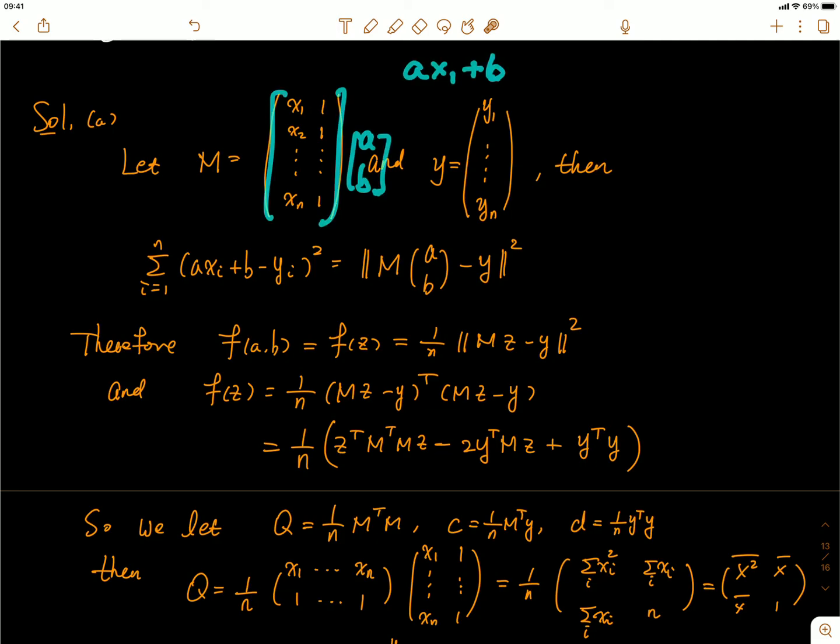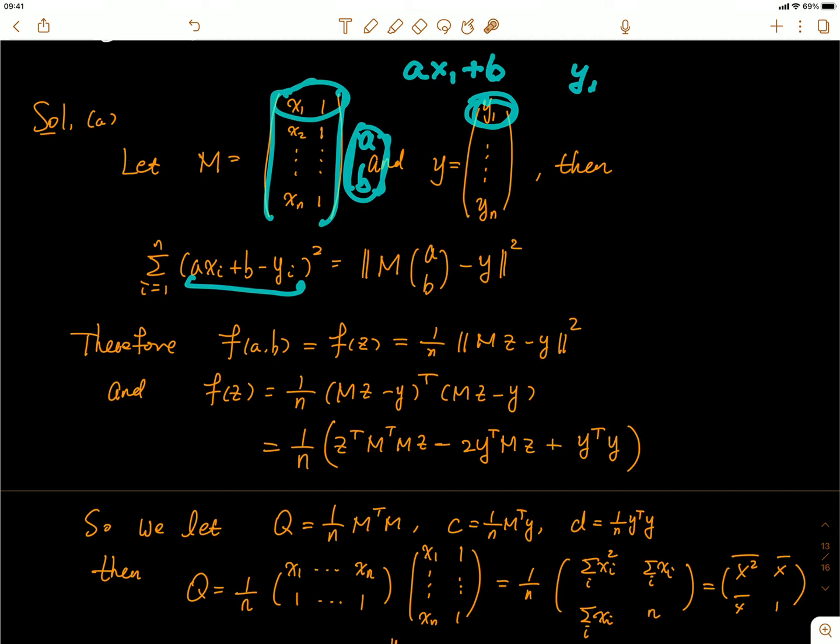And correspondingly, I will have the Y1 here. So when I multiply this row with this vector and subtract Y1, that will be this term here for the first component. Similarly, I can do this for the second component up to the last component.